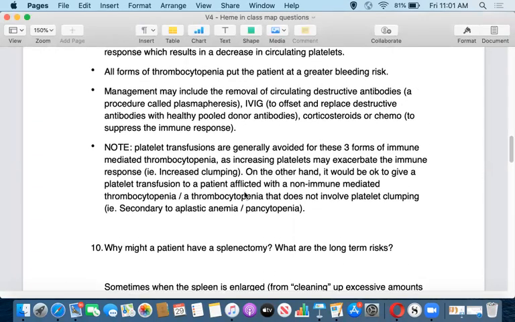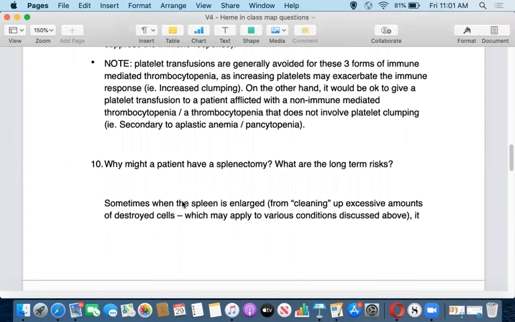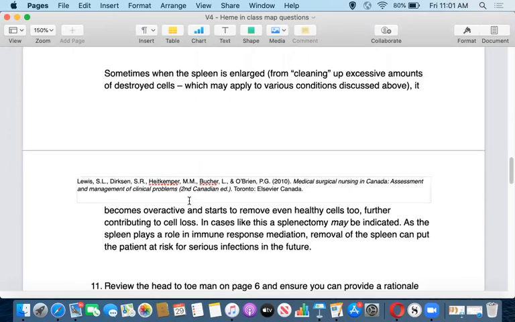Why might a patient have a splenectomy, and what are the long-term risks? We've talked about this a couple times, and the answer is laid out here again quite clearly. The spleen becomes enlarged and overactive, and starts to remove healthy cells too. This is not a good thing. It contributes to various types of either anemia or thrombocytopenia.